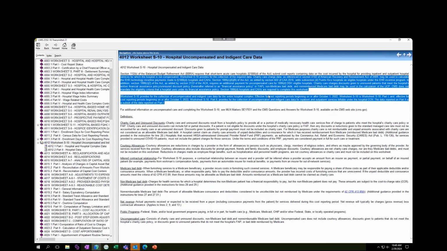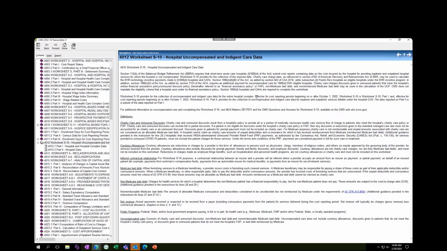Now notice, before we get further, I want to stress this. It says effective for cost reporting periods beginning on or after 10-1-22, Worksheet S-10 is part 1 and part 2.